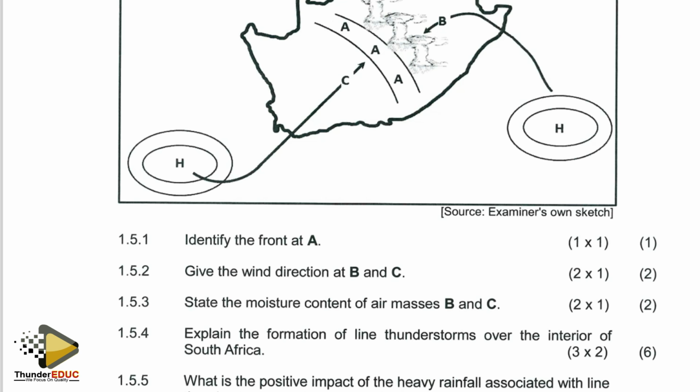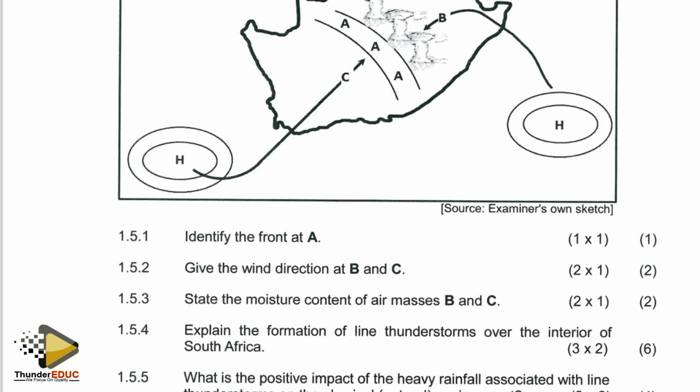This is coming from a slightly northern direction and from the east because it's coming from over the Indian Ocean. So it's a northeast, and this one coming from the Atlantic becomes a southwesterly wind. So it's southwest from this side and northeast from this side here.